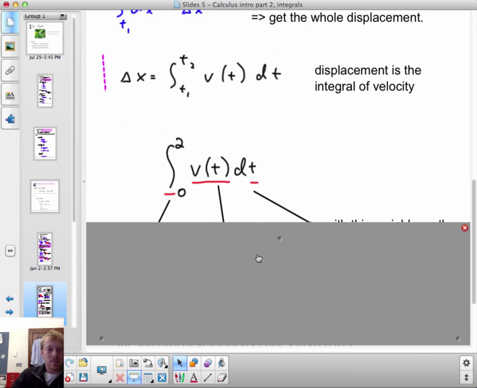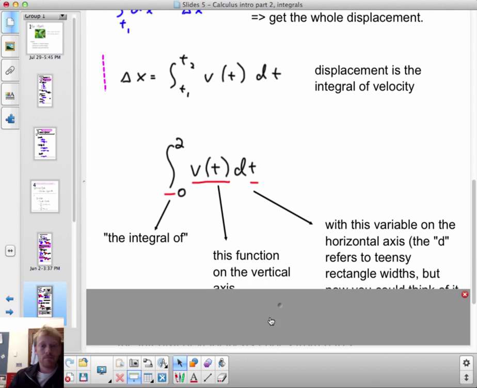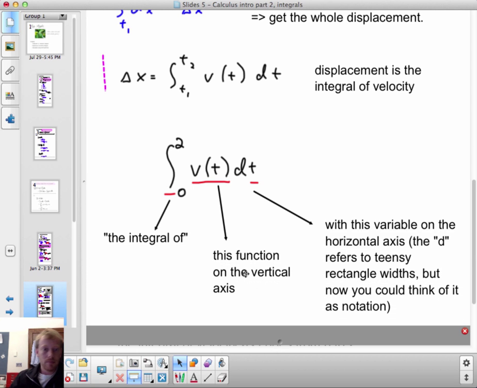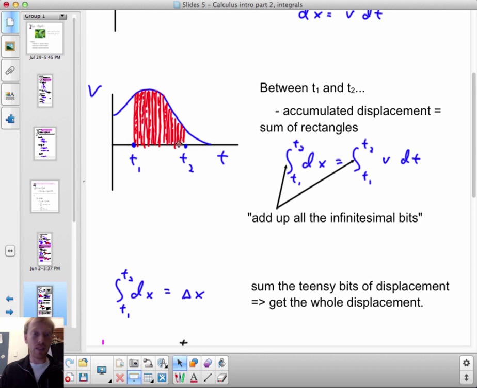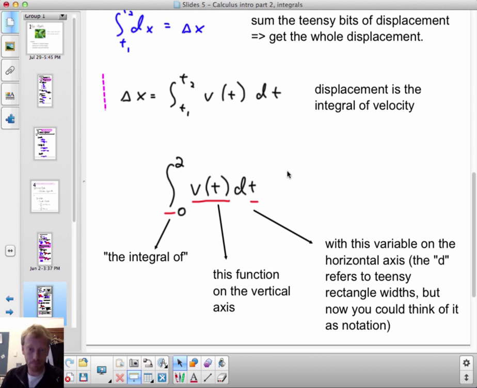So reading this, the integral of v of t dt means the idea of finding the area between this function on the vertical axis and this horizontal axis. T is on the horizontal axis, so we have dt to indicate that the thing is on the horizontal axis when we're finding the area of it.